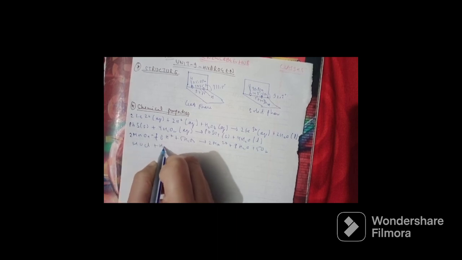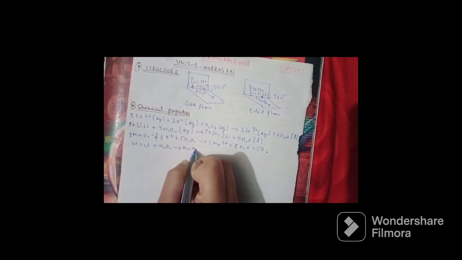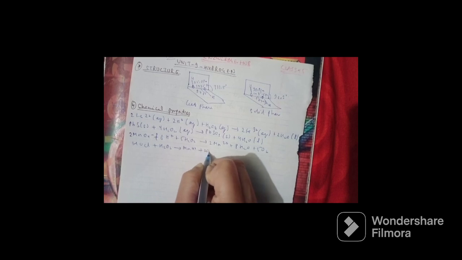Another one, HOCl plus H2O2 will give the products. For the reducing action in basic medium, it will be I2 plus H2O2 plus 2OH- will give 2I- plus 2H2O plus O2.